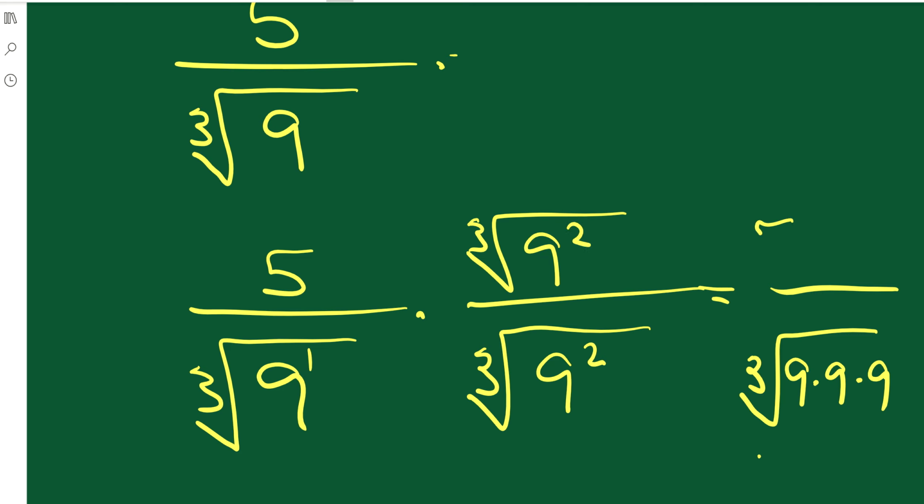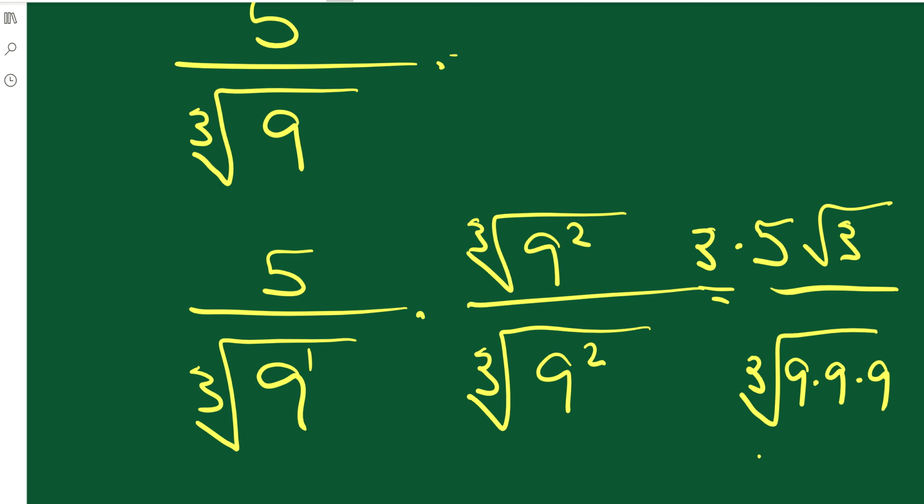But my top was going to be 5 times the square root of 3. And what else? Oh, I guess we have to go back and look at that because I had another 3 here because this broke down to be 3 times 3 times 3 times 3. So the 1 3 came out.